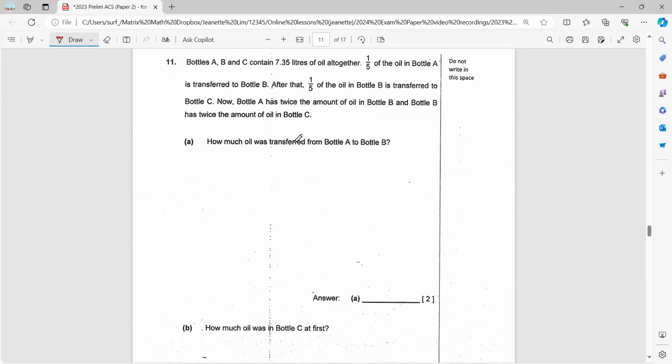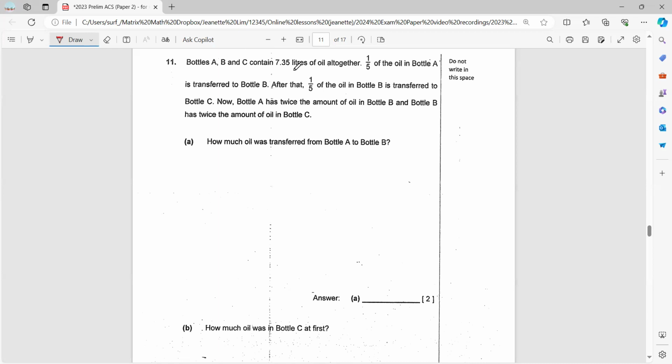Question 11. Bottles A, B, C contain 7.35 liters of oil altogether. 1/5 of the oil in A is transferred to B. After that, 1/5 of the oil in B is transferred to C. Now, A has twice the amount of B and B has twice the amount of C. So how much was transferred from A to B?